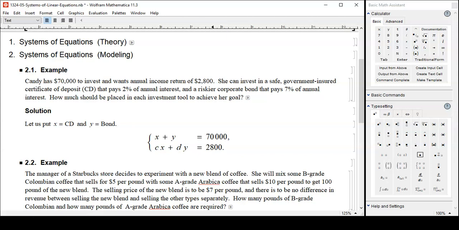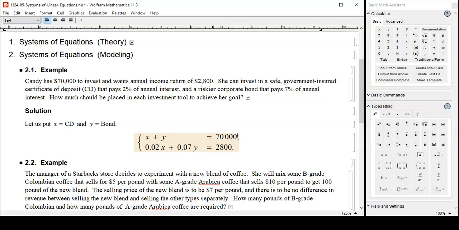And then CD will yield how much? 2% annual interest. So what's 2%? Same as 0.02. Make sense? How about corporate bond? 7%. What is 7%? Same as 0.07.